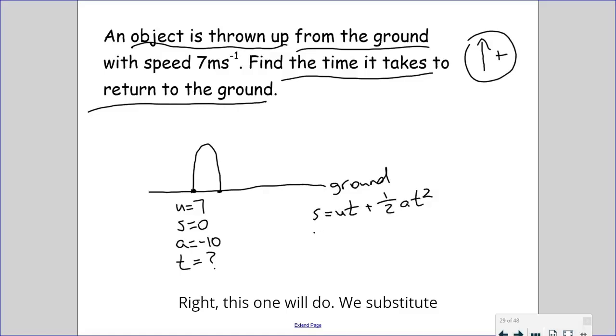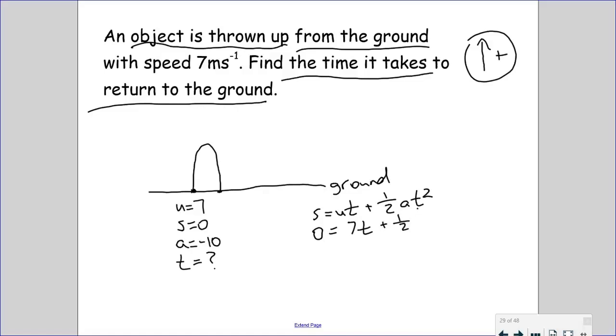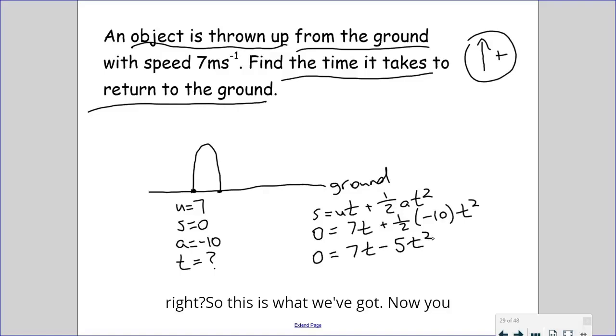Right, this one will do. We substitute our values. Right, so this is what we've got.